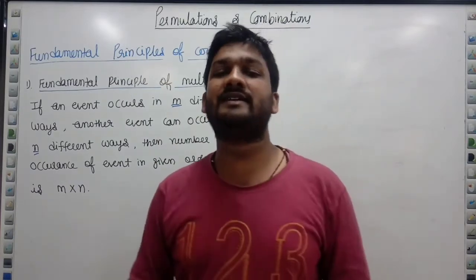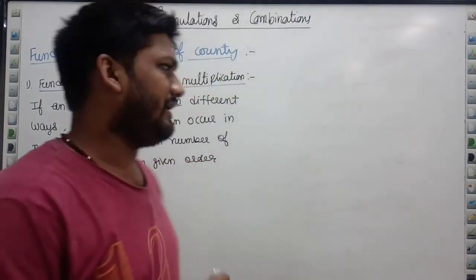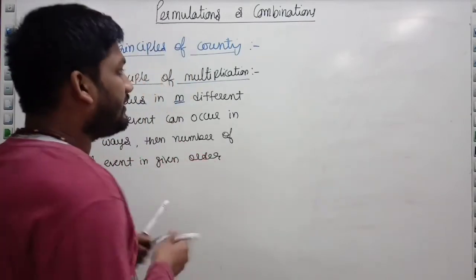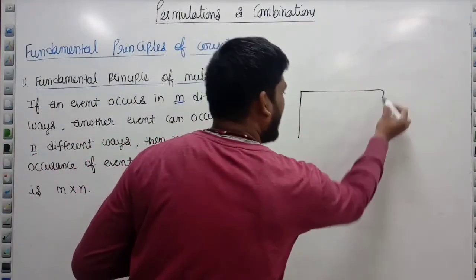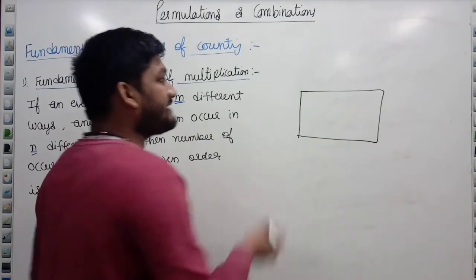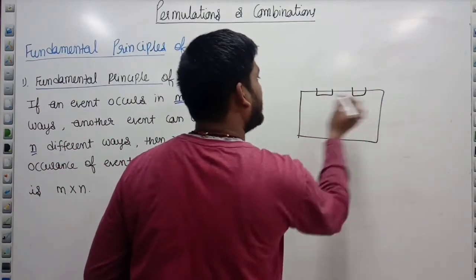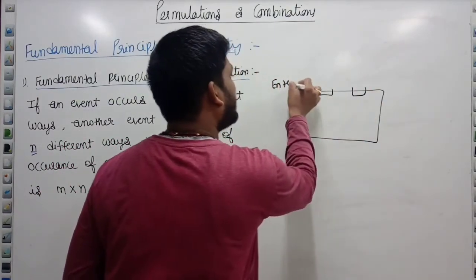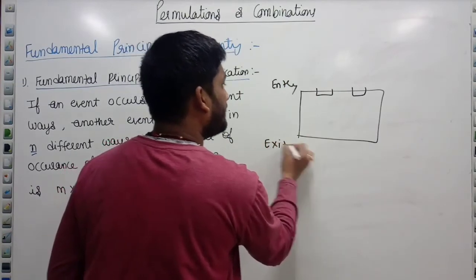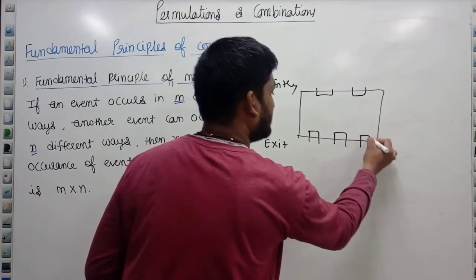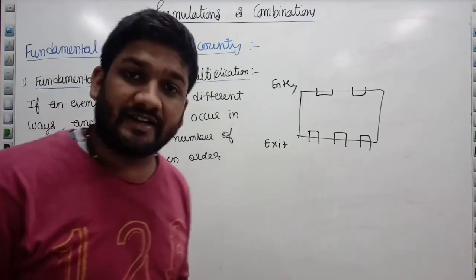Now let's understand this principle by taking an example. Suppose we have a theater or any room that has two entry points and three exits.